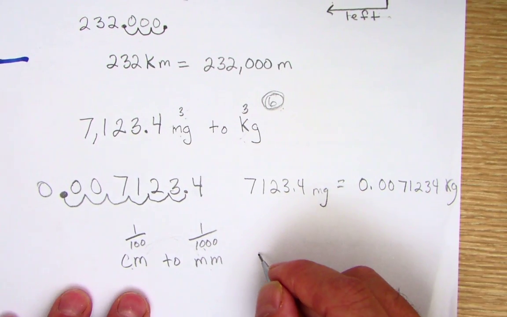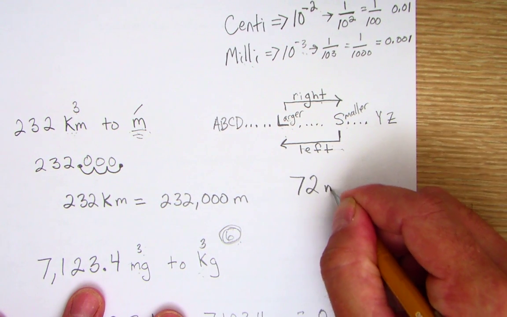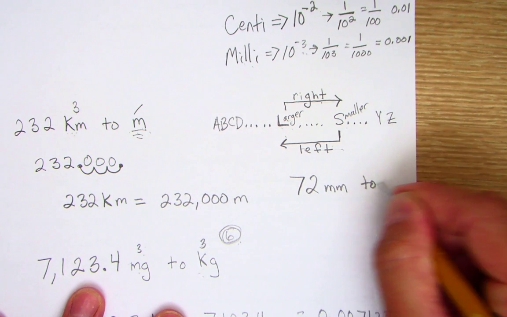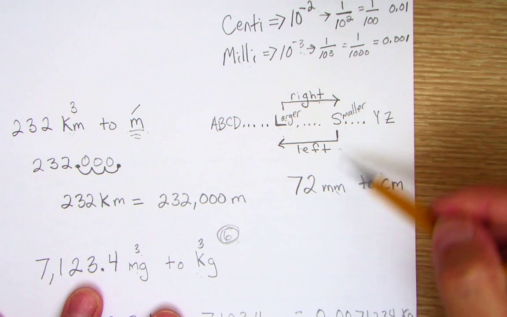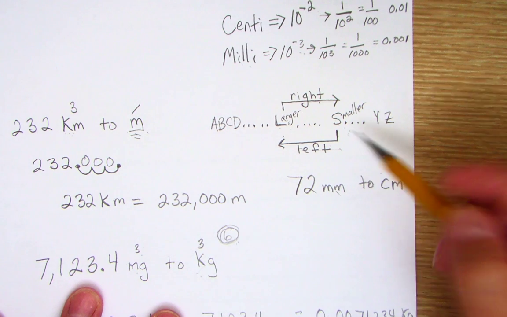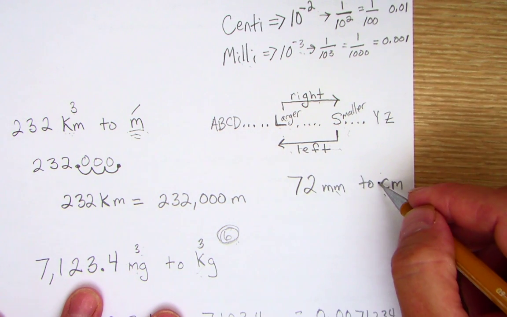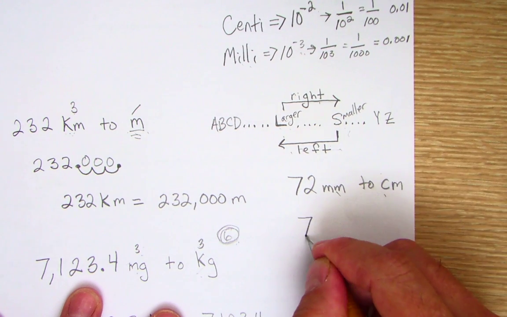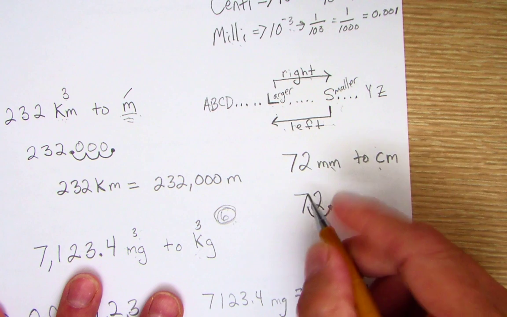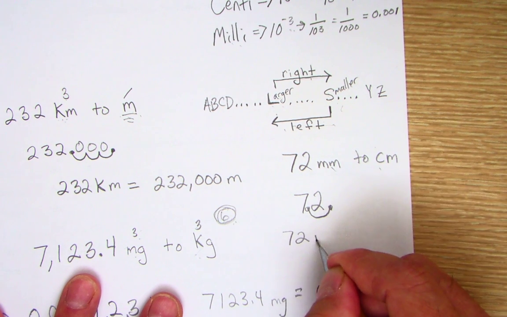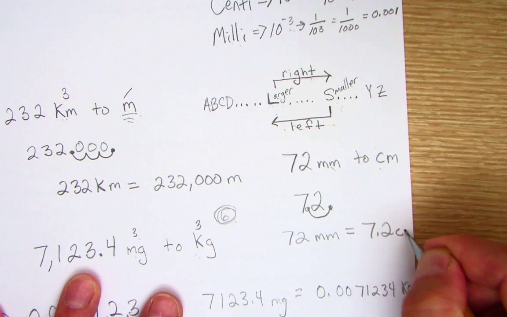So if I have 72 millimeters and I want to go to centimeters, they're 1 away. A millimeter is smaller than a centimeter, so I'm going to move left. How many am I going to move left? 1. So I have my 72. I'm moving it 1 left, and 72 millimeters is equal to 7.2 centimeters.